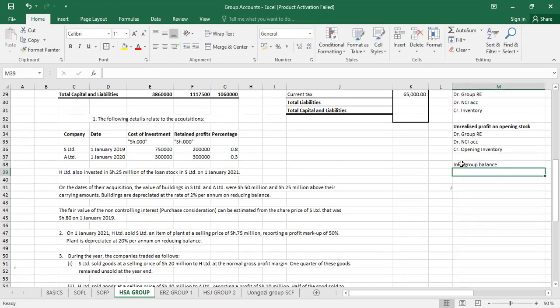I'll show you the journal entries. You debit payables, you credit receivables. Then we talk of cash in transit.